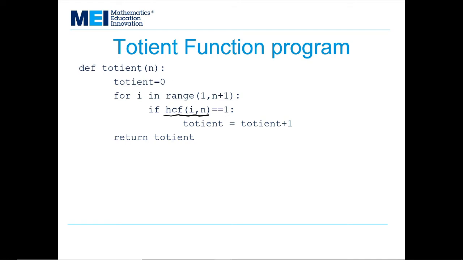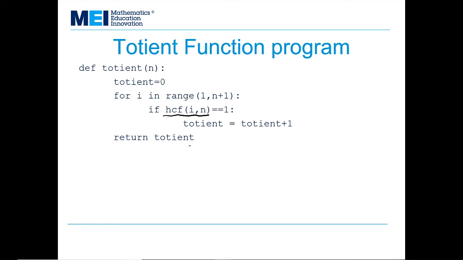The structure of this program is that we start off with the totient set equal to 0, and then it goes through every value in the range from 1 up to and including n, and checks for the highest common factor being 1. If it finds something where the highest common factor is 1, it adds 1 to the value of my totient, and then at the end it returns the totient.